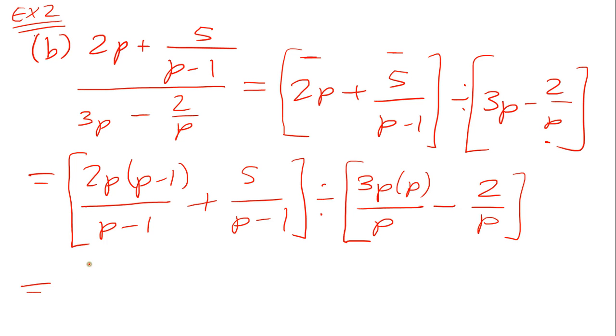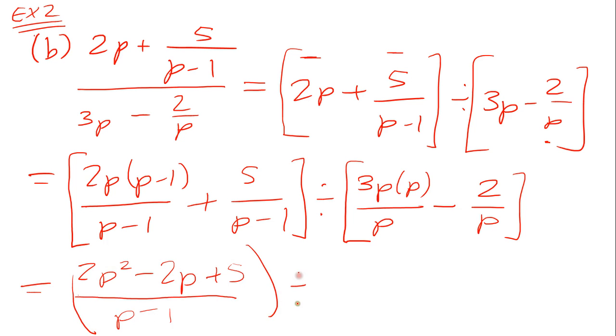So I have 2p squared minus 2p plus 5 over p minus 1, divided by 3p squared minus 2 over p.